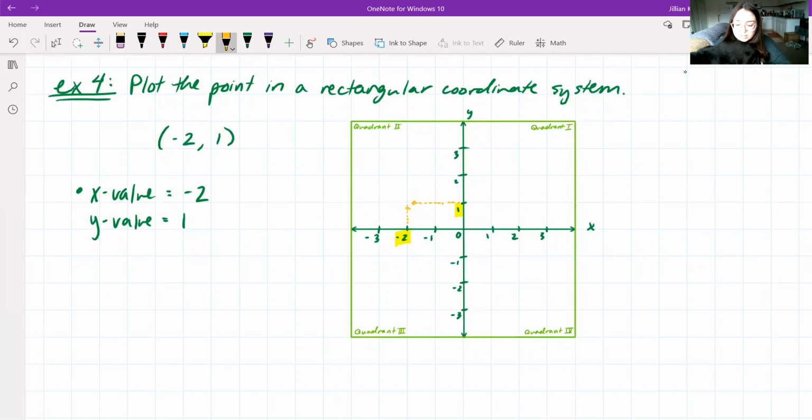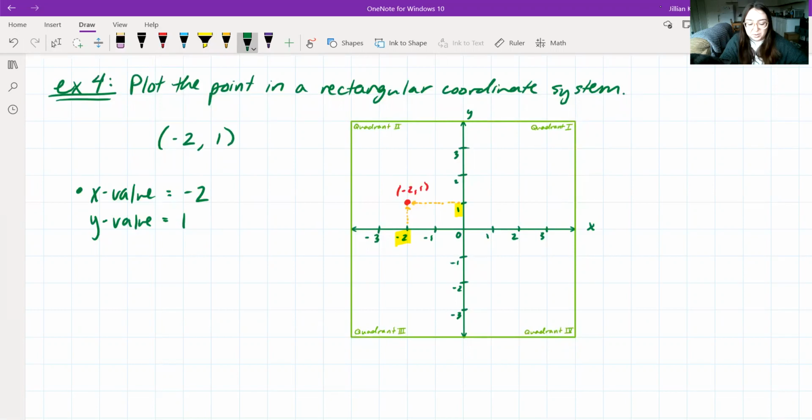And so we can draw our little arrows and identify that this is our point. So whether you choose your y value or your x value first, you want to find that one point, which in this case is -2, 1. Or if you drew lines out, you want to find where those lines would end up intersecting.